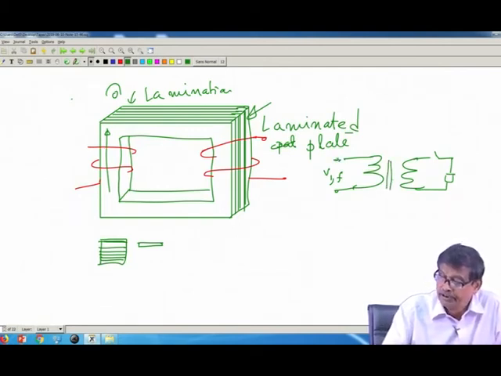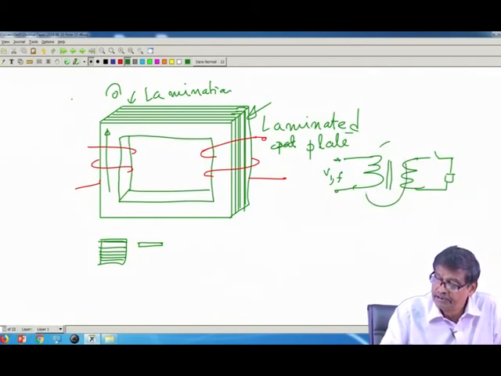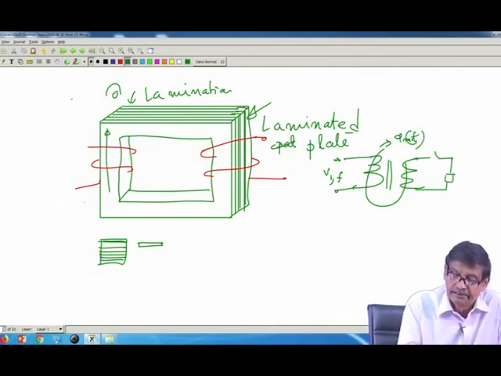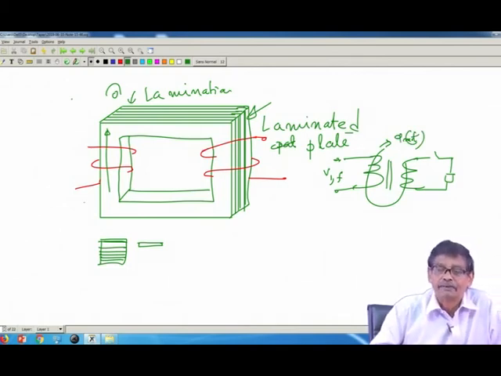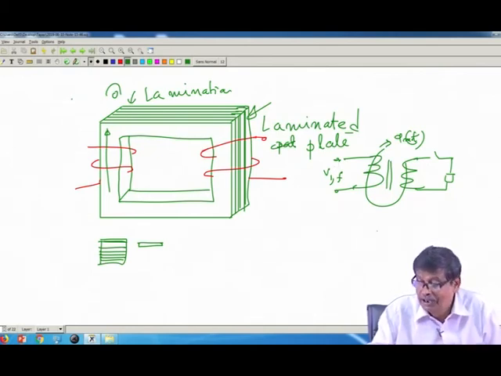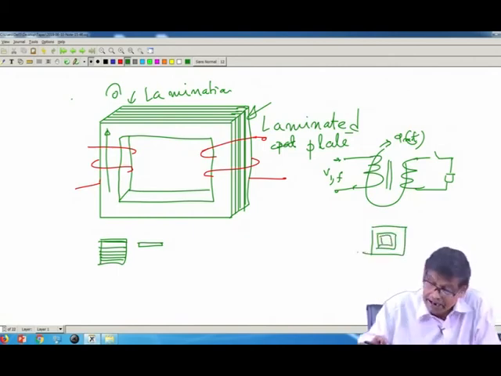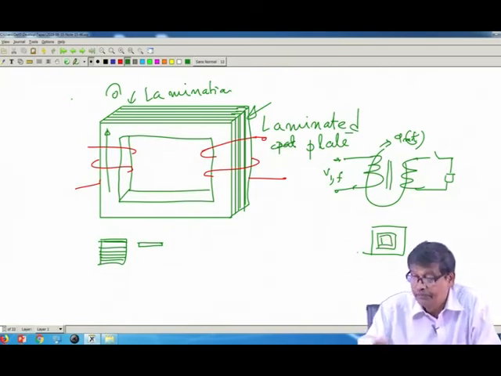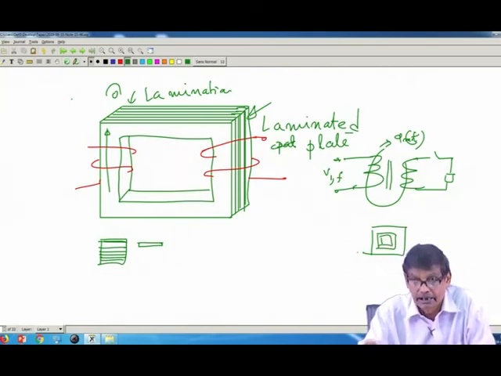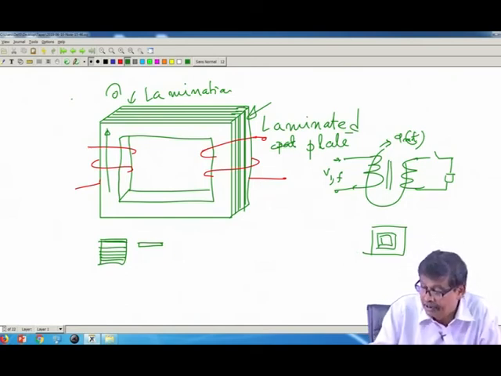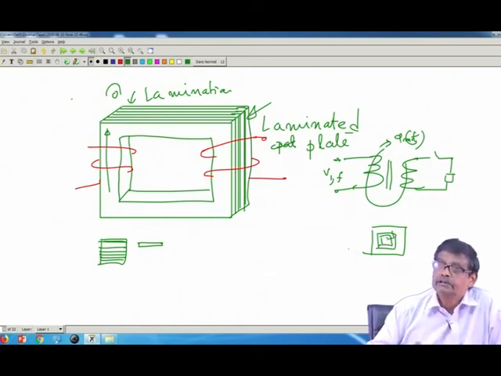Alternating phi(t) is produced, which flows like this, and there are eddy current losses. You can also think that the turns existing in the core had induced voltage in the same way as your secondary coil had induced voltage, and they were driving current.